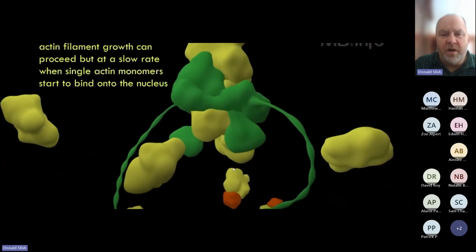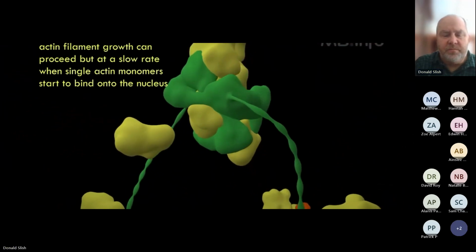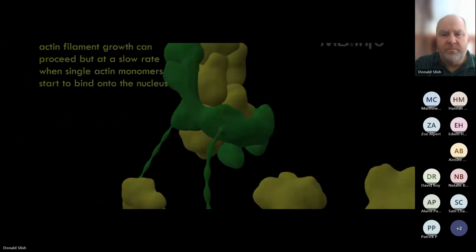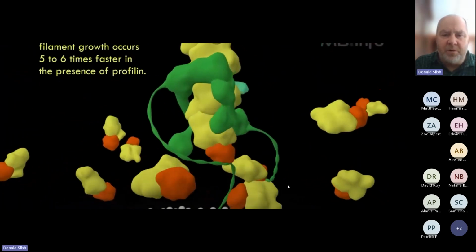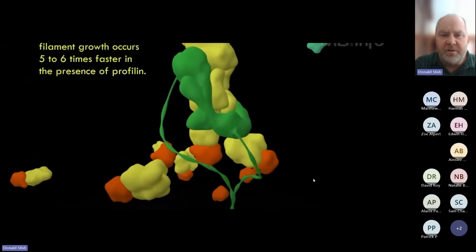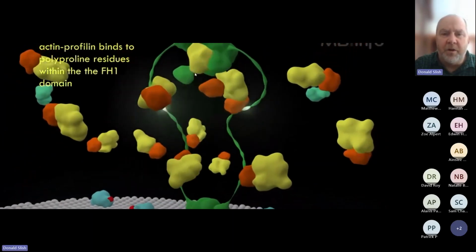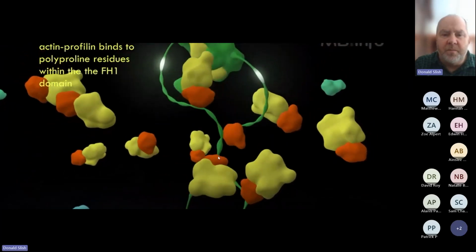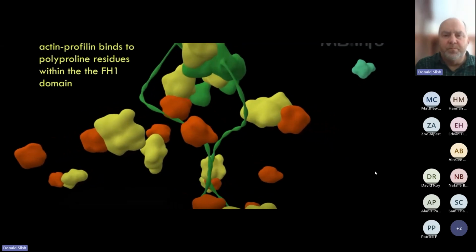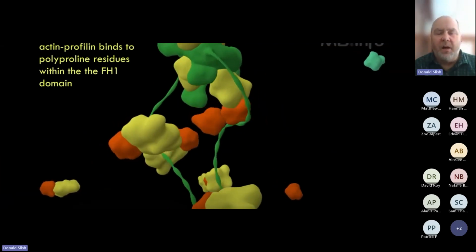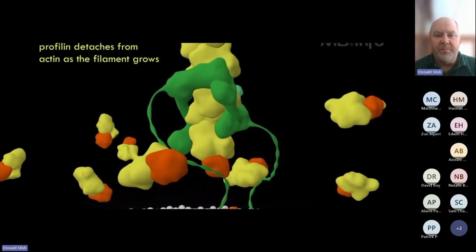Now it's going slow here because we don't have profilin involved. Now here it's a lot faster because you've got profilin. And if you notice, when it slows down, it'll be easier to see. Profilin is binding to Formin and bringing it in. So that interaction of profilin and Formin helps to bring the actin monomers in faster, and then the polymerization can happen faster.